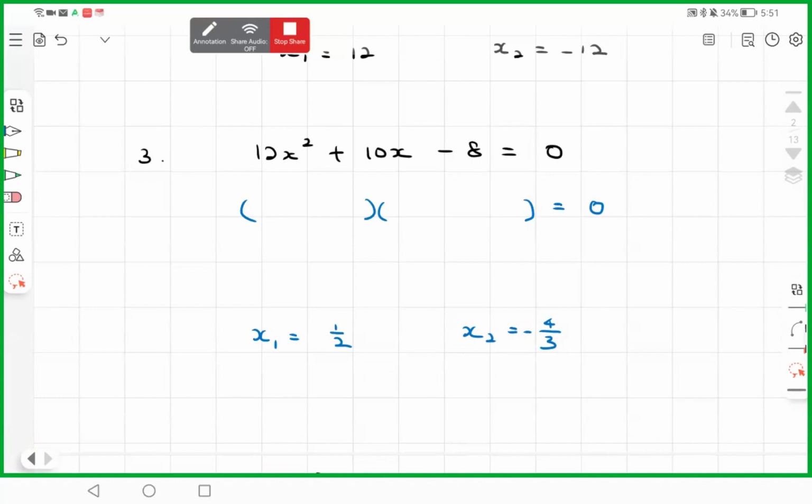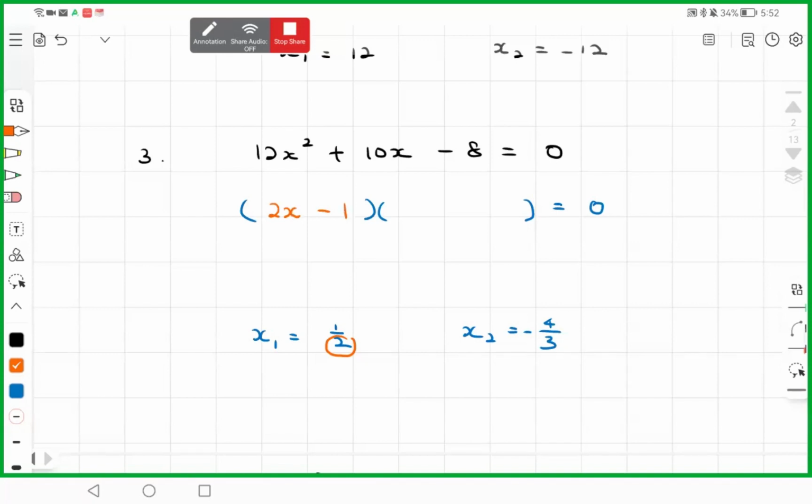Well done. But if the answer is in fraction form, the way we write should be to pull up the denominator first. Then it will become 2x minus 1.